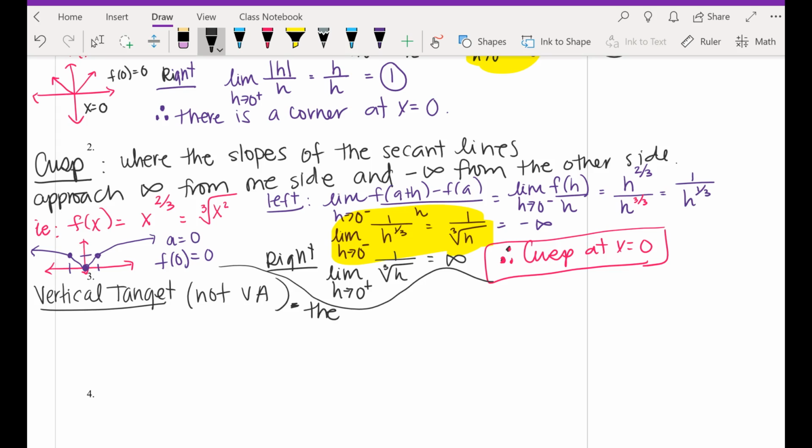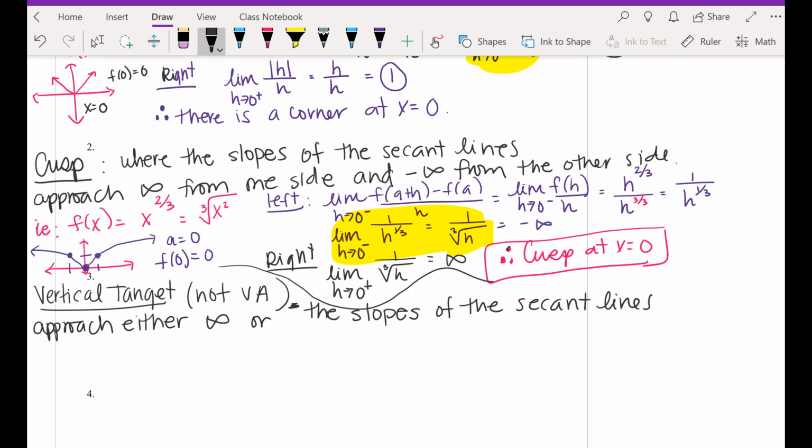The slopes, actually the slopes both right and left, the slopes of the secant lines approach either positive infinity or negative infinity from both sides.